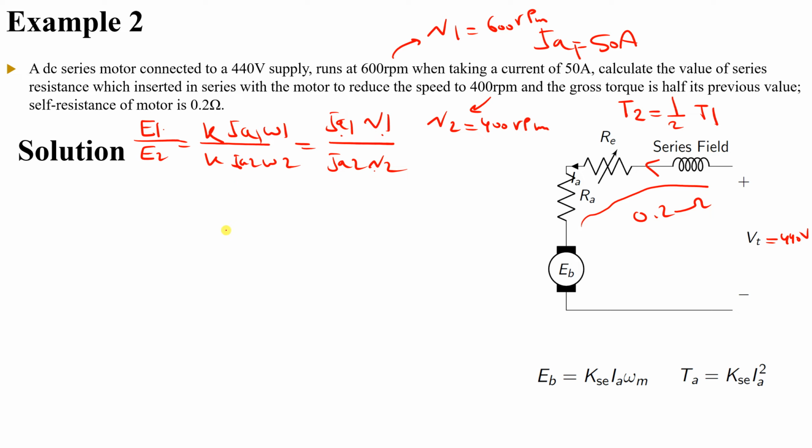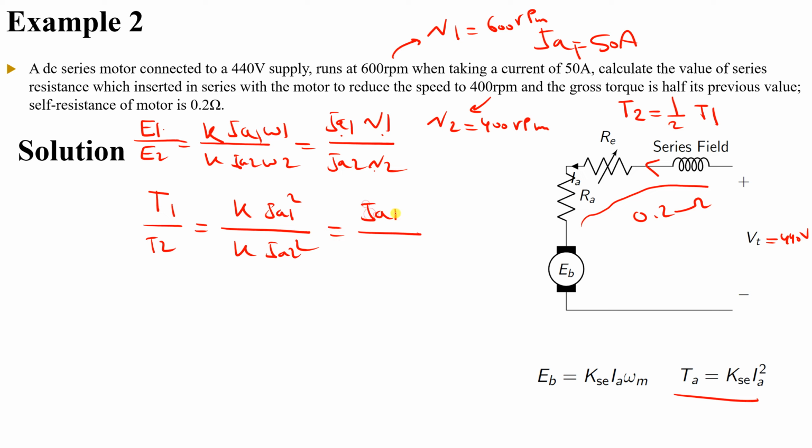The second relation which we have is torque: T1 over T2 equals K IA1 squared over K IA2 squared. From this one, it will be IA1 squared over IA2 squared.